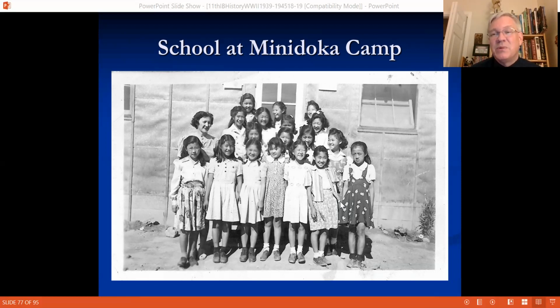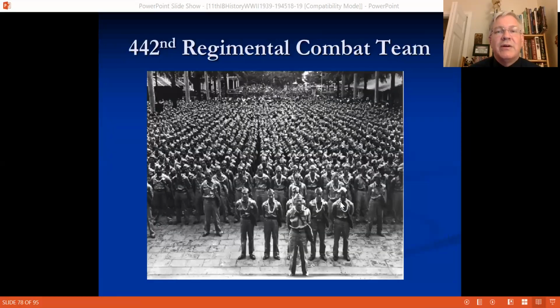Enough of this racist prejudice nonsense. So there was a unit put together, and you need to make sure you have this in your notes. This is the 442nd Regimental Combat Team. There you go. These are Japanese Americans, loyal Americans, many of whom were born in the United States of America. They just have Japanese heritage.